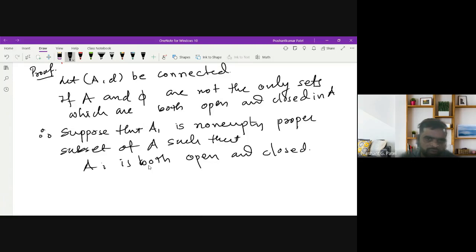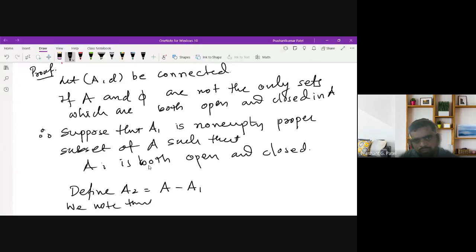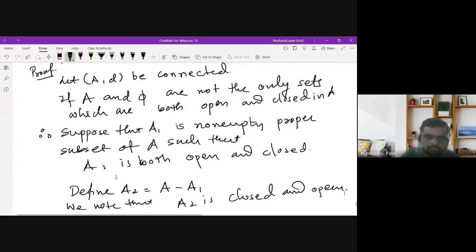Since A1 is open, we define A2, which is A minus A1, and this is closed. So we note that this A2 is closed because A1 is open, and since A1 is closed, its complement will be open. So this A2 is closed and open both. If A1 is closed and open, then its complement will be closed and open.